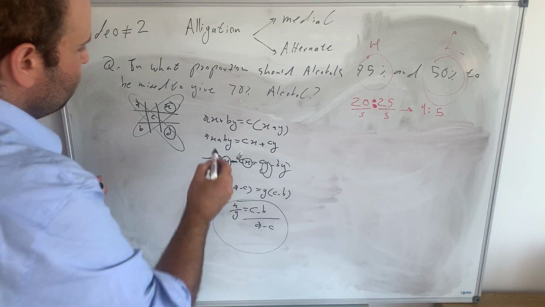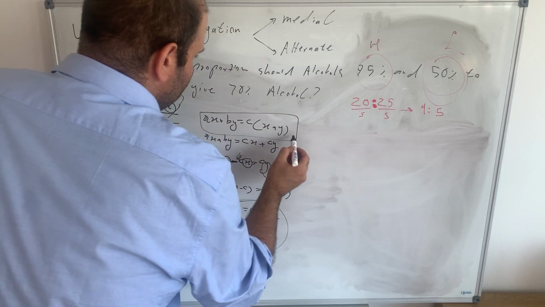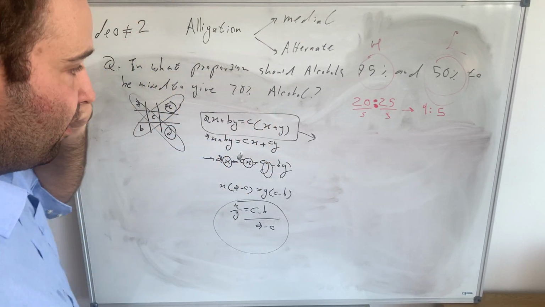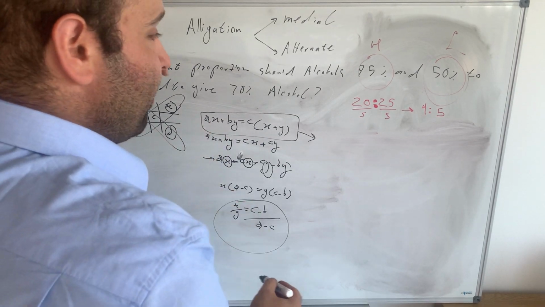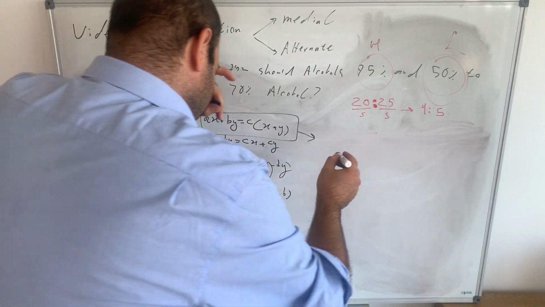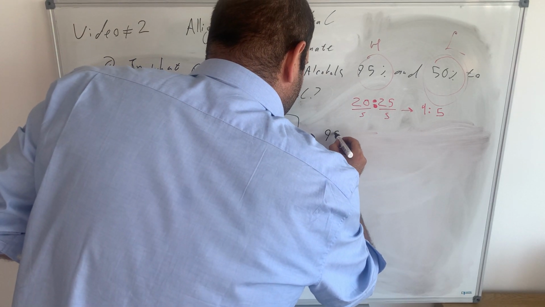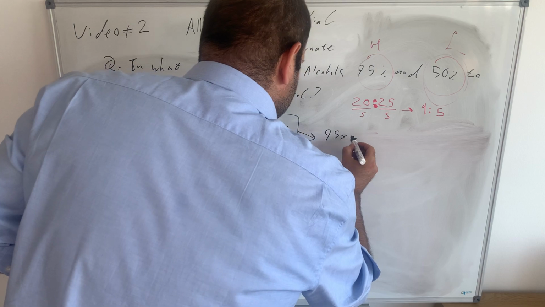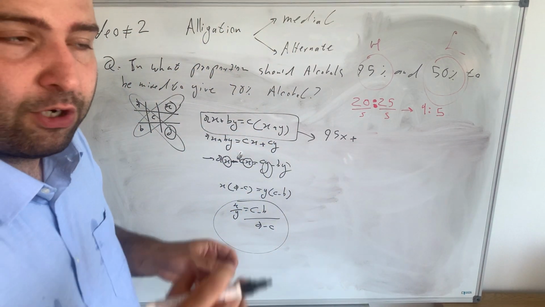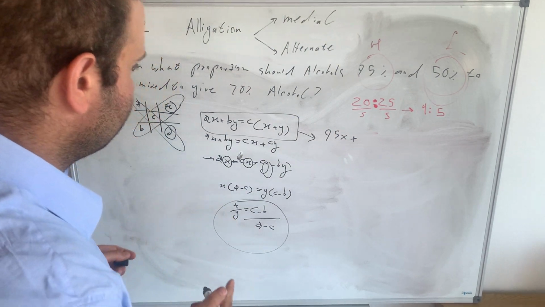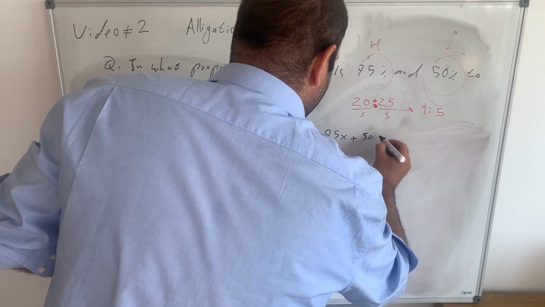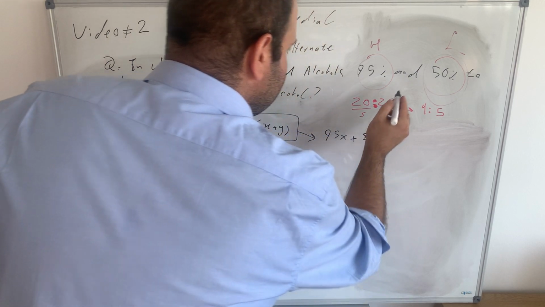So, let's say we use this formulation, and we put our values from our question back into this formulation. What is A? Alcohol with a higher concentration. What was it? 95%. So we put 95X plus. What was B? B was our lowest alcohol concentration. That was 50. 50Y. What was C?